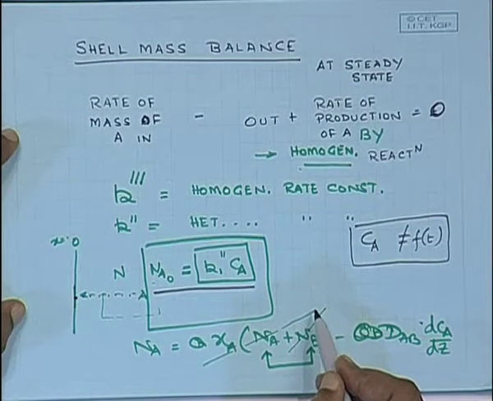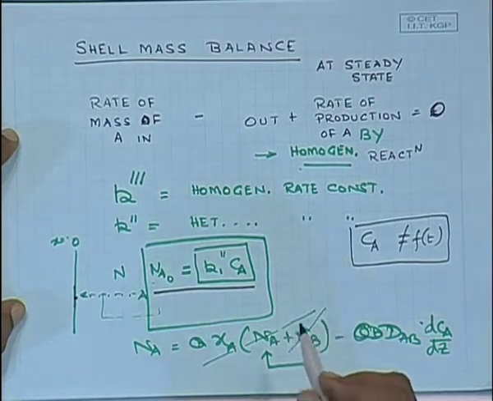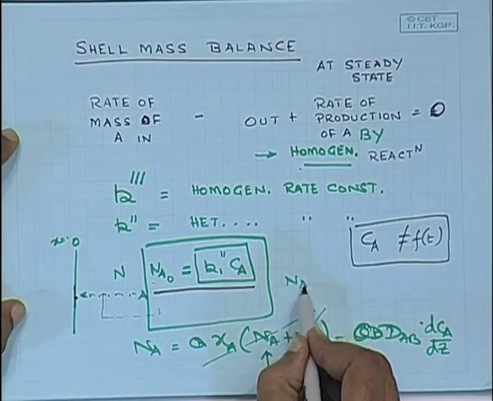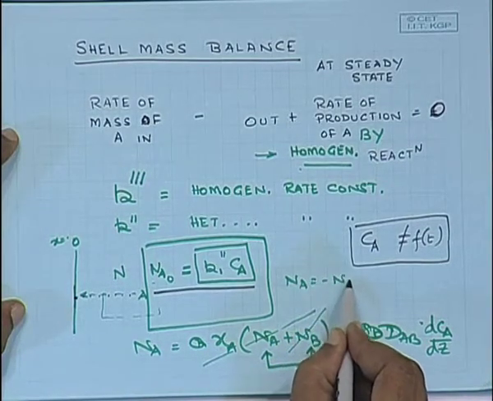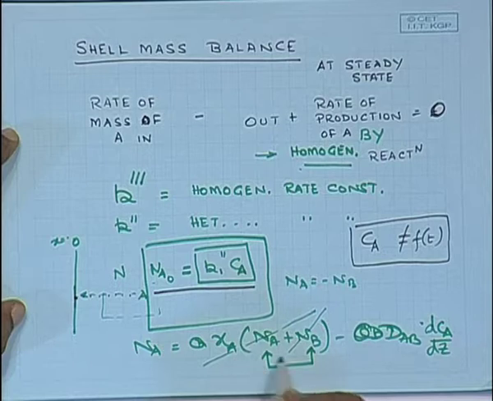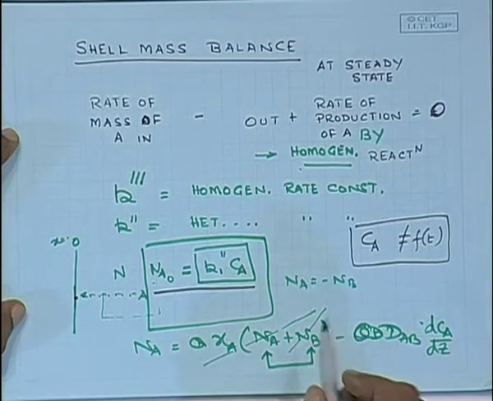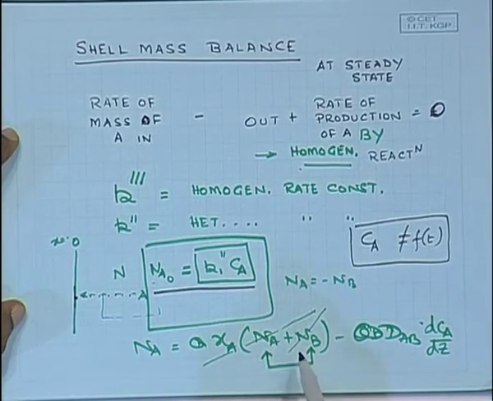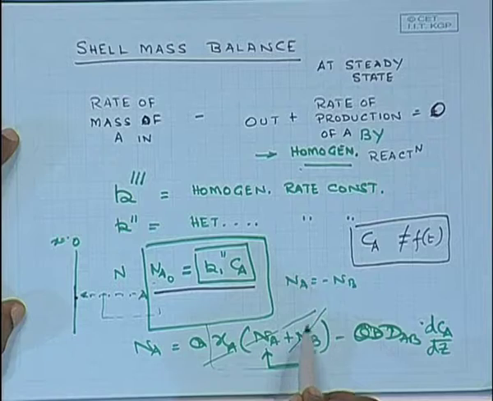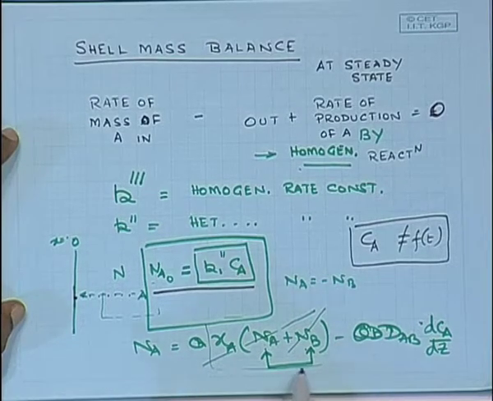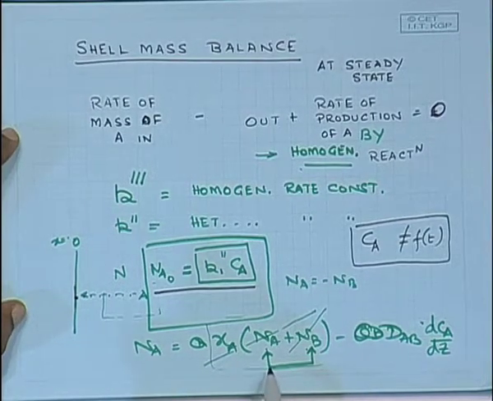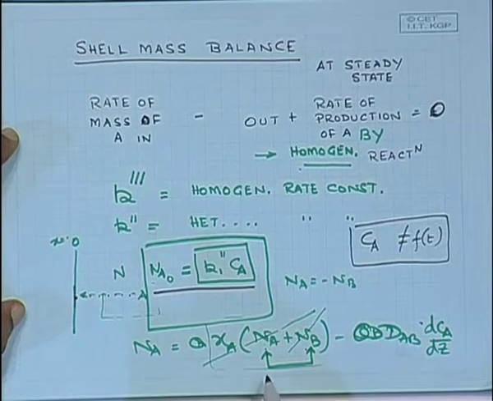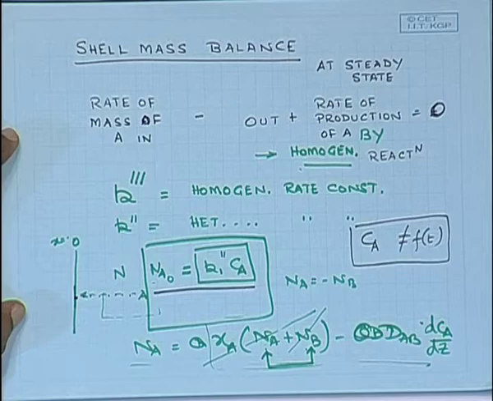We have discussed that if it is sparingly soluble, etc. In some cases you would be able to say Na is equal to minus Nb such that this term is equal to 0. So, this relation between Na and Nb or the magnitude of the overall term, you have to figure out first from the physical understanding. Only then you would be able to use this equation in your shell balance.